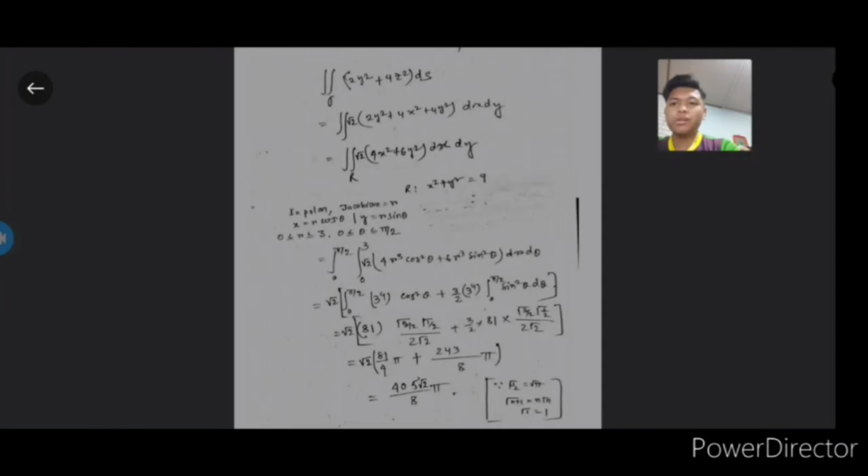So we have to evaluate the answer that we got before, which is the double integral 2 of 4r cubed cos squared theta plus 6r cubed sin squared theta. And after we solve it, we will get the answer is 405 over 2 pi over 8. Thank you.